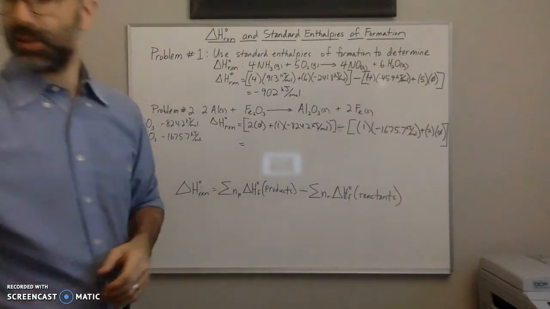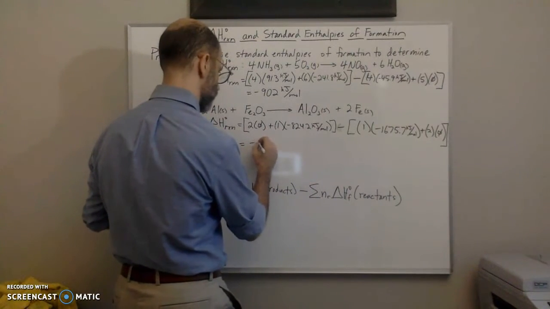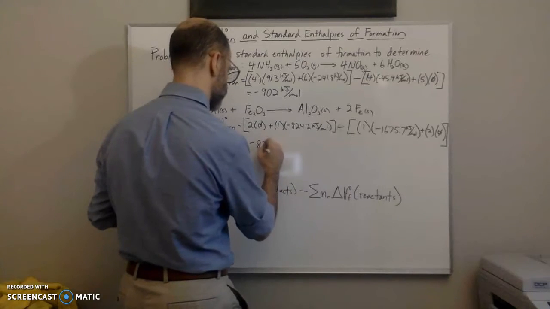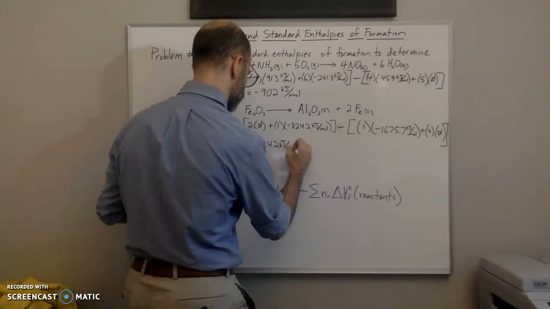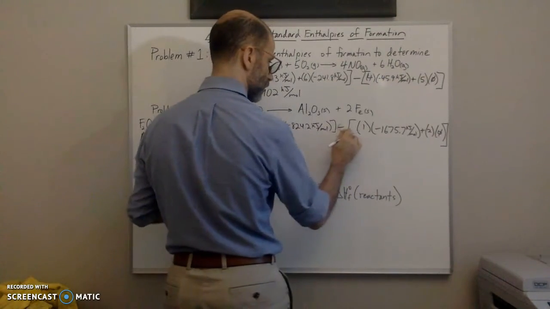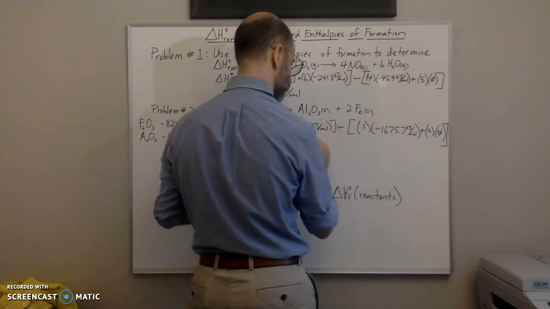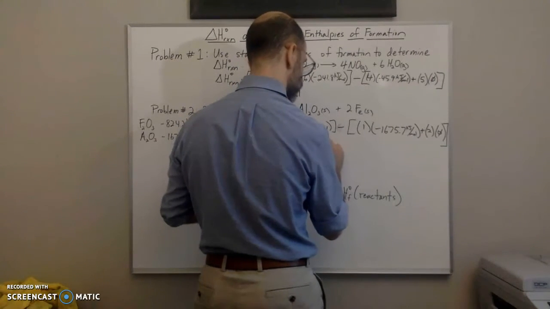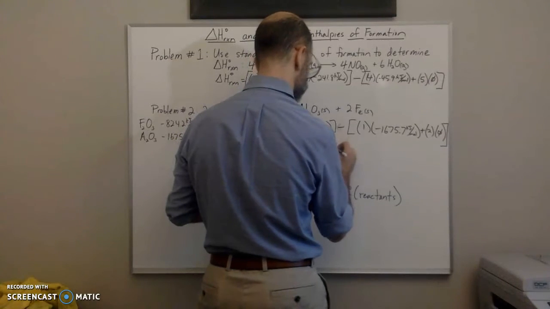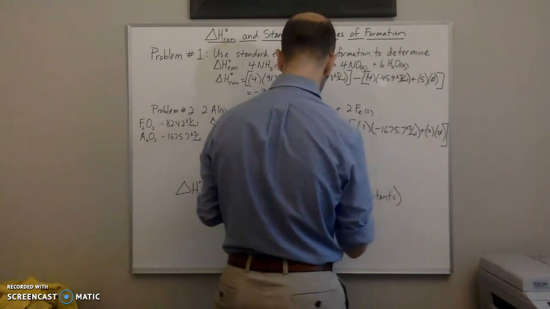I don't really need a calculator, this is just going to be negative 824.2 kilojoules per mole minus this, which is negative, so it's going to be plus 1675.7 kilojoules per mole, and then that's 0.